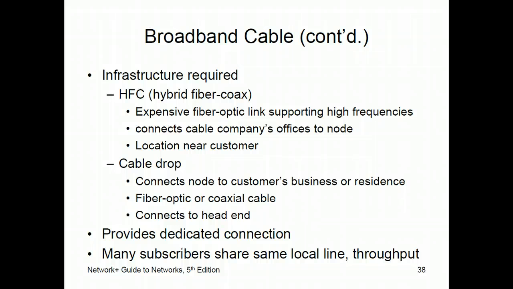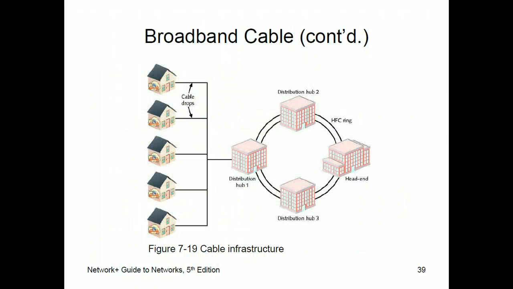It provides a dedicated connection, and many subscribers share the same local line. They also share the same throughput. That's why I mentioned earlier, your data can be degraded, upload and download, depending on the day. Like 3 in the morning, much quicker to download and upload stuff than say 3 in the afternoon. All right? And that goes without saying in any area, any region.